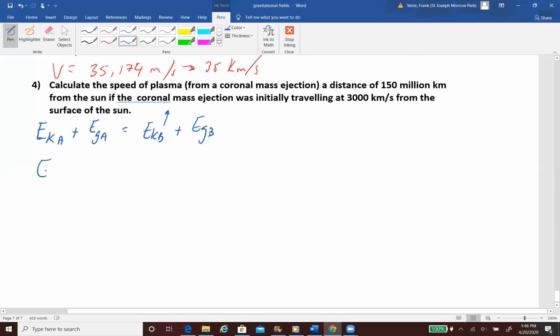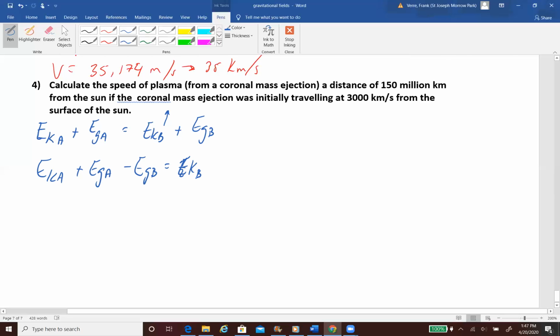So what I can do is I can move EGB to the other side to solve for the kinetic energy at point B.